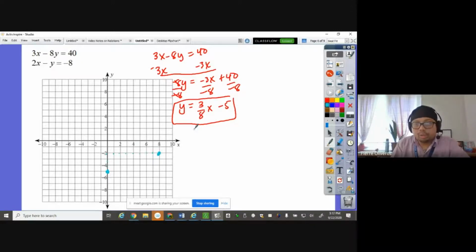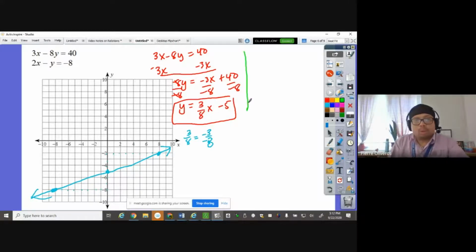Or you can do, again, 3 eighths is the same thing as negative 3 over negative 8. So that means I can go down 3: 1, 2, 3. Then 1, 2, 3, 4, 5, 6, 7, 8. And I will just connect all those points. That's my equation for the first one.